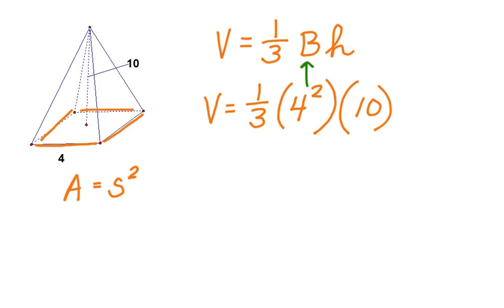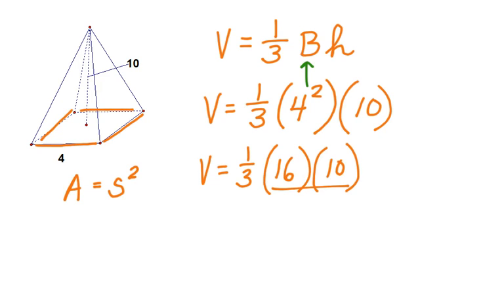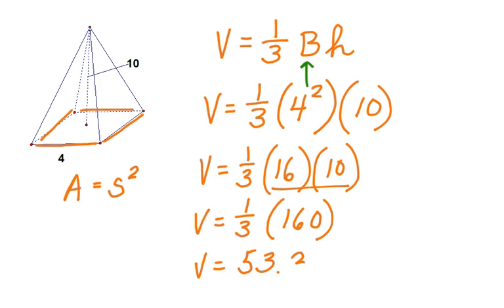Now let's multiply. Volume is equal to 1/3, 4 times 4, which is 16, times 10. Now let's multiply this part. The volume is equal to 1/3 times 160. So the volume is equal to 53.3.